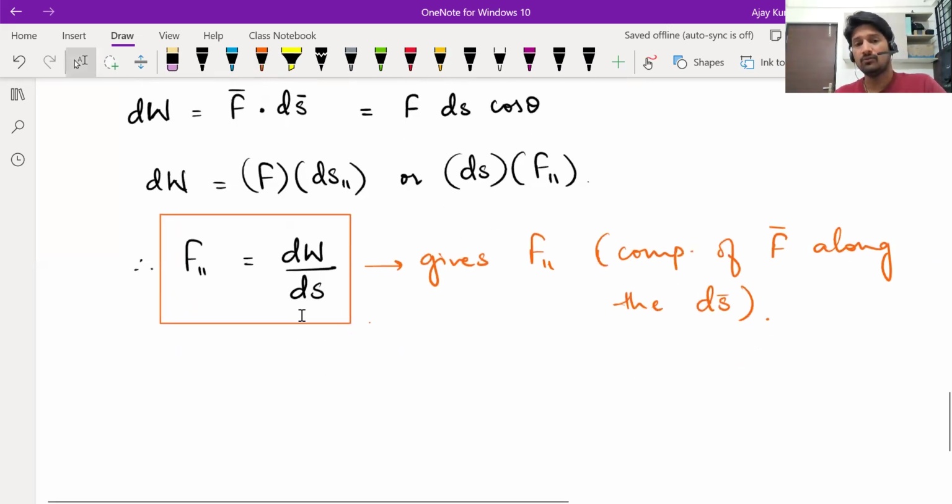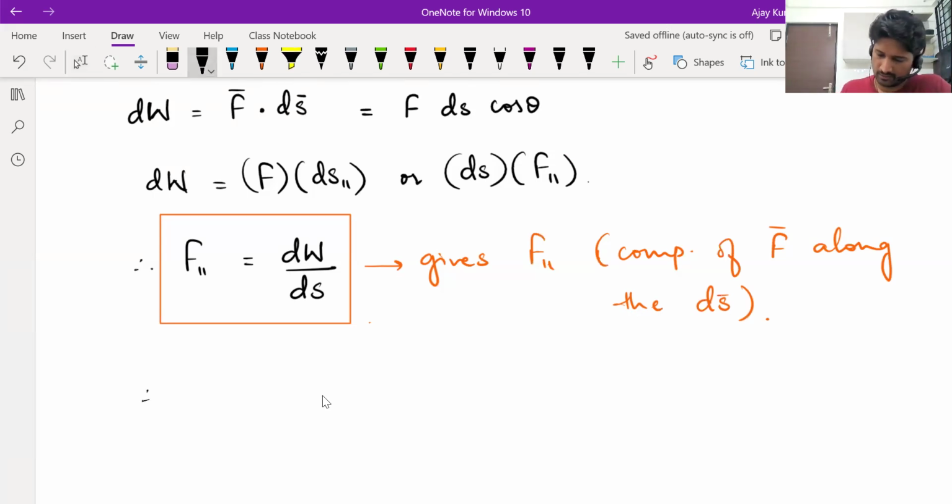Okay, this is how we will extract force from work. You differentiate work with respect to displacement, not with respect to time. With respect to displacement, if you differentiate, you will get the tangential force. Okay, so tangential force acting on an object at any instant is dW by ds.